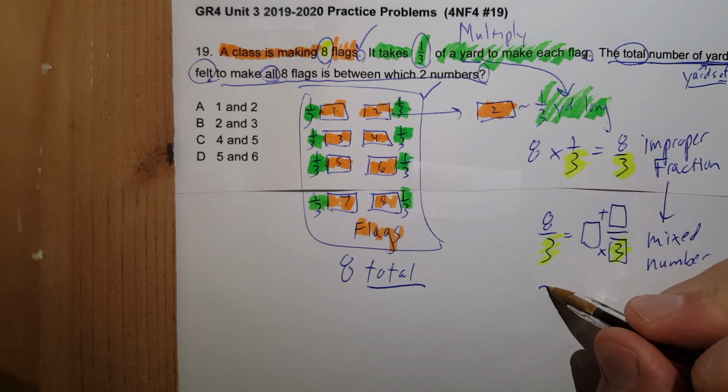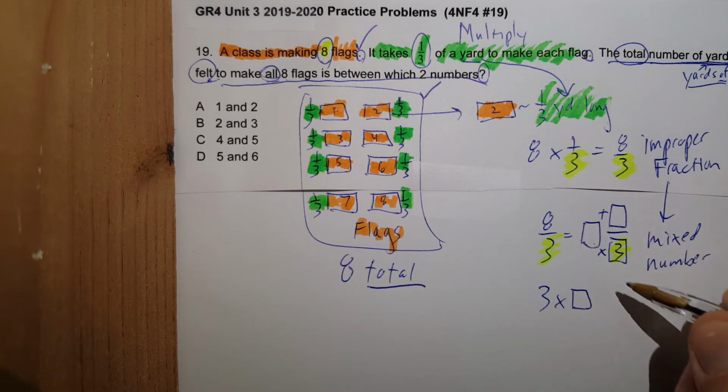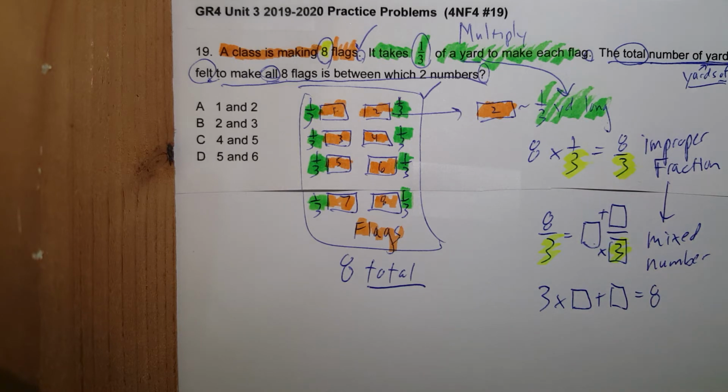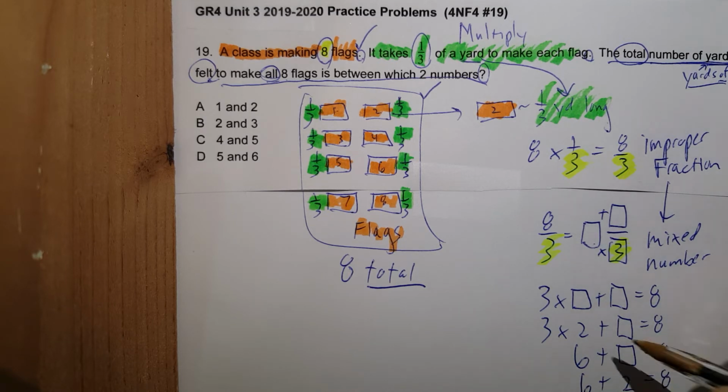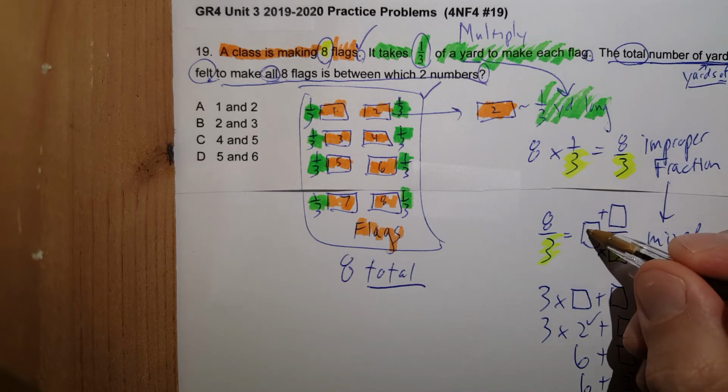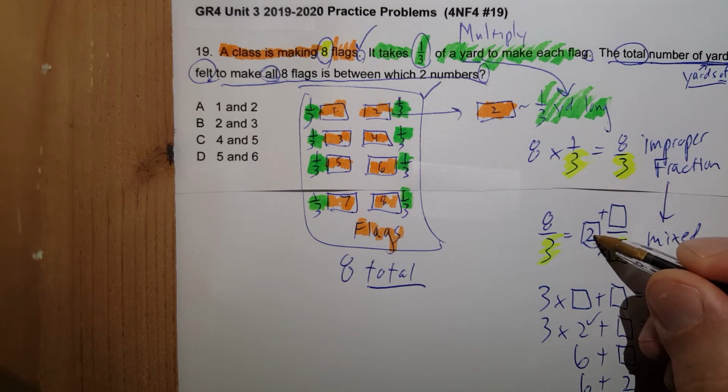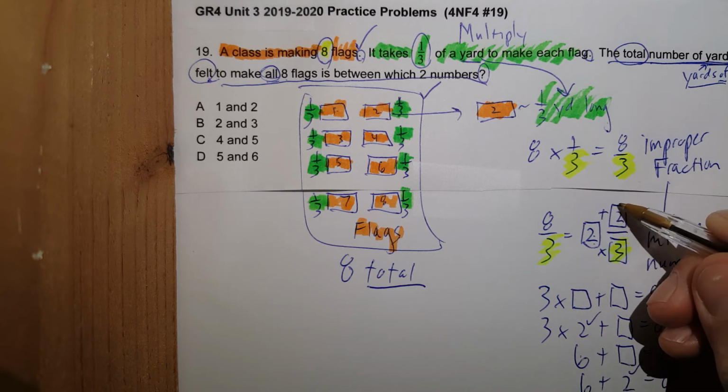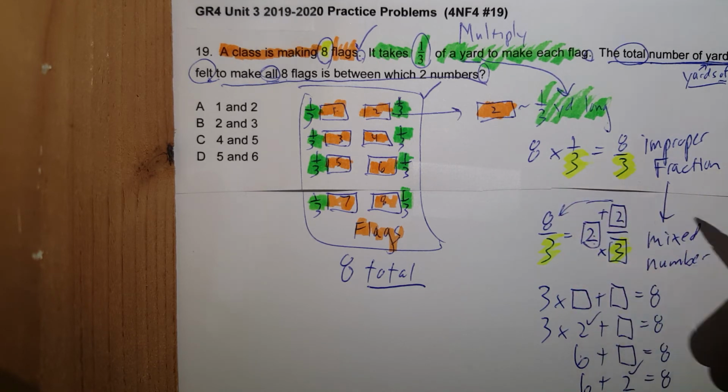For instance, let's write it down here. 3 times unknown number plus unknown number equals 8. 3 times 2 plus what equals 8? 3 times 2 is 6 plus what equals 8? 6 plus 2 equals 8. Get all that? 3 times 2 is 6. 6 plus 2 gets me that 8.